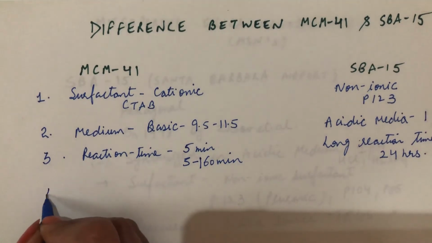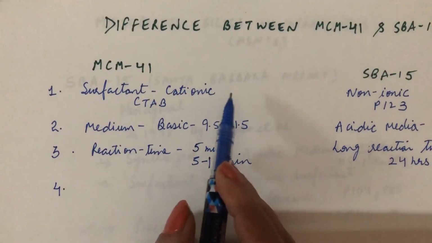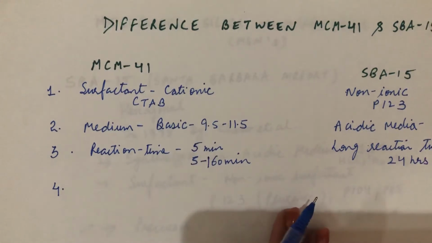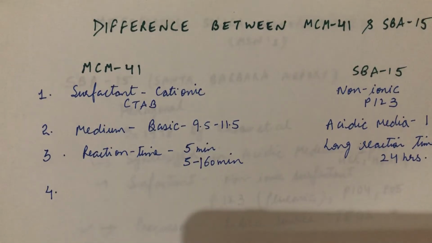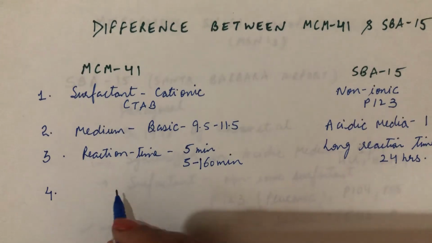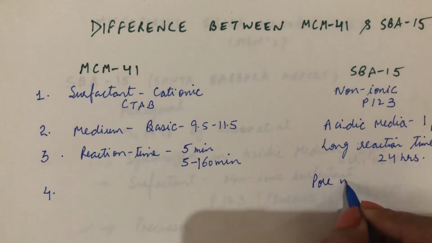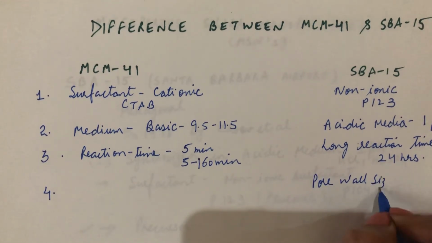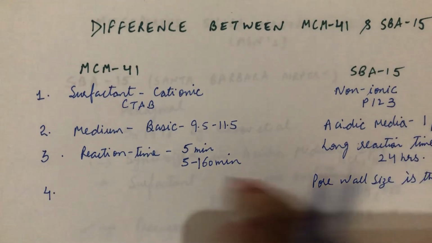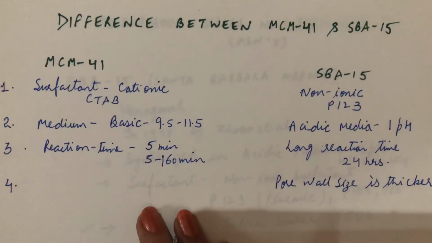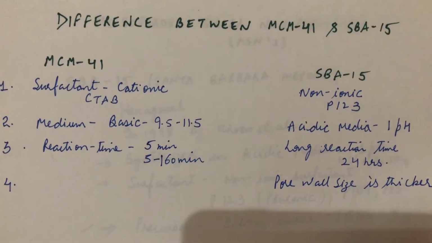Now both of these have adjustable pore size and pore volume, which can be changed during the synthesis process. But one major difference is the pore wall size. Its pore wall size is thicker as compared to that of the MCM41, and it may be from 3 to 6 nanometers thick.